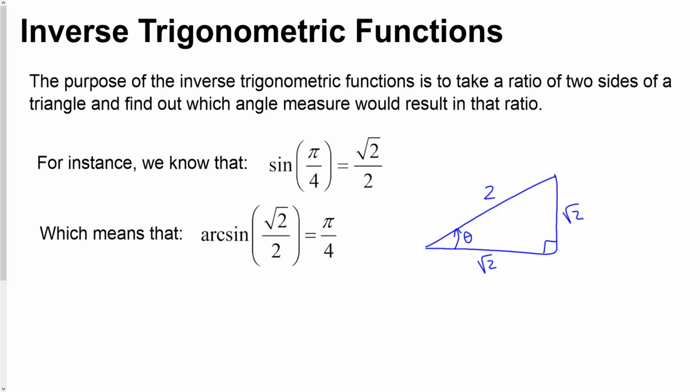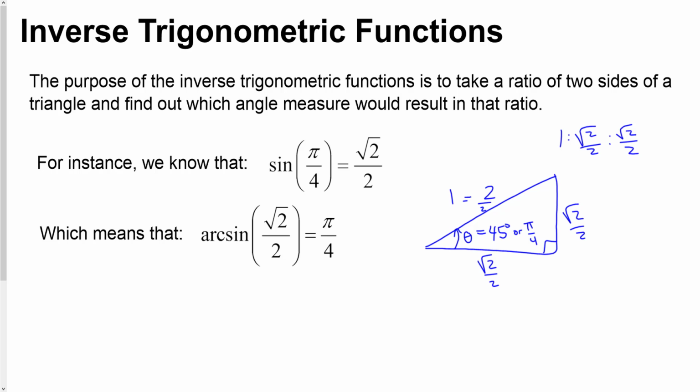And if you notice, if you divide all of these by 2, this would equal 1. So I'm in the ratio of sides 1, square root of 2 over 2, square root of 2 over 2, which is the ratio of sides for a 45-45-90 triangle. So that means this angle measure is 45 degrees, or pi over 4. So that's the idea of the arc functions, which is the inverse trig functions.